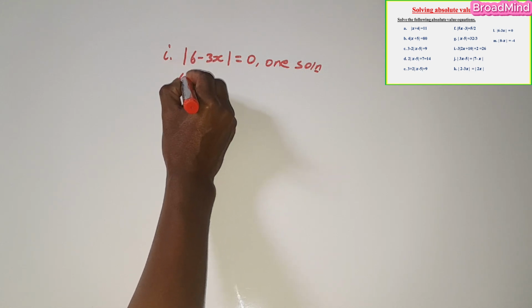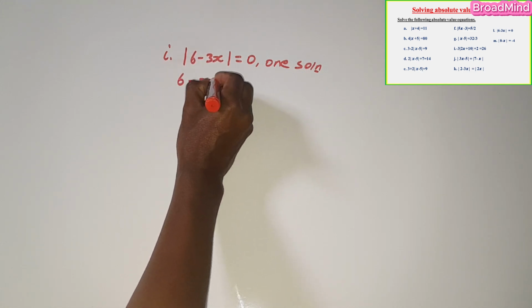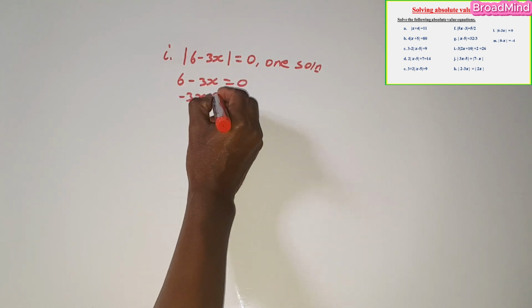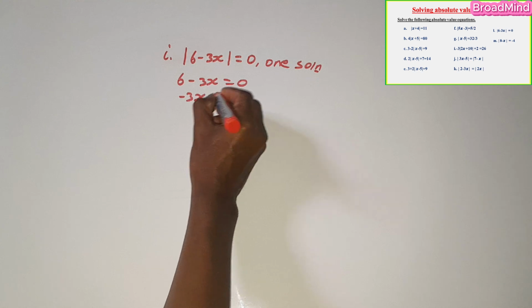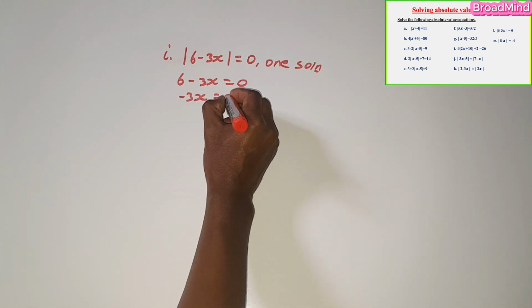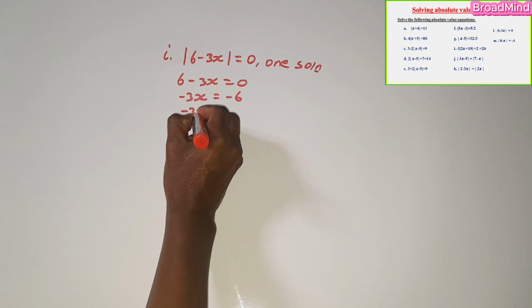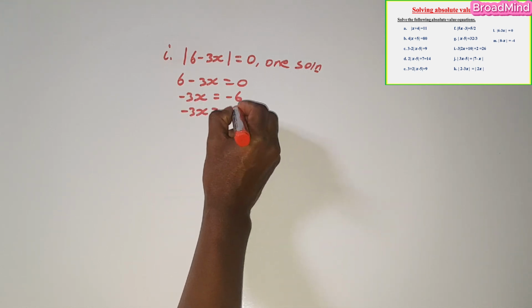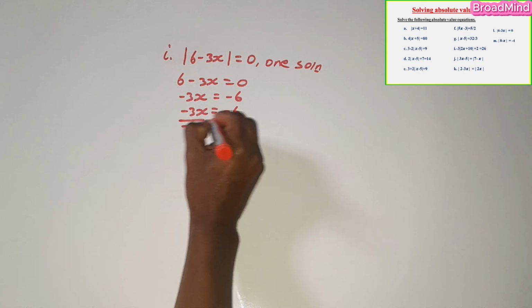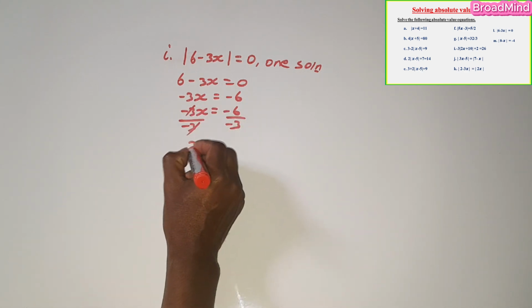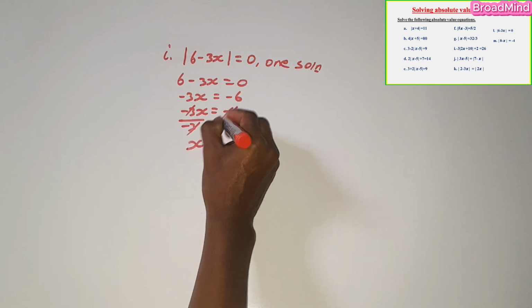Then 6 minus 3x is equal to 0. Minus 3x is equal to negative 6. Now negative 3x is equal to negative 6, over negative 3, over negative 3. This cancelled by this. X is equal to 2.